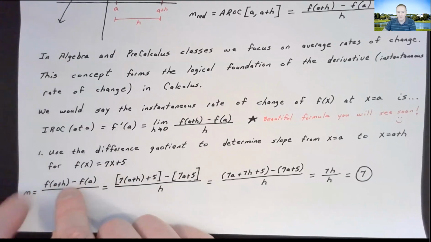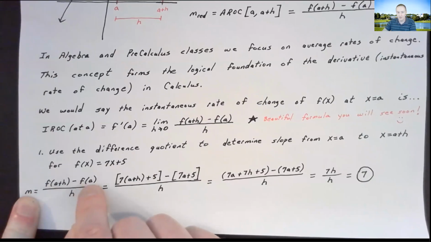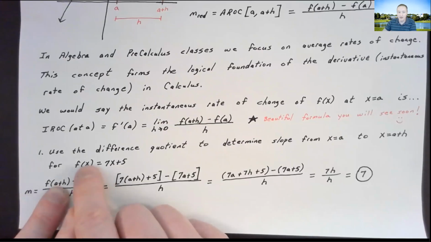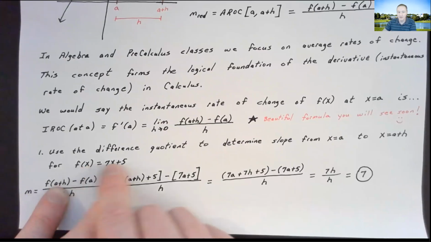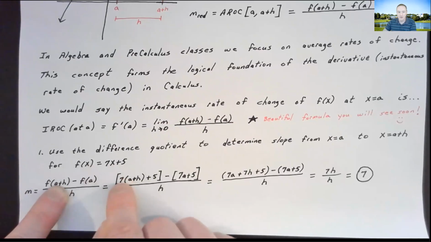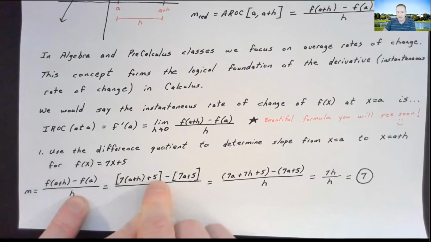I can say, all right, the slope is going to be given by f of a plus h minus f of a over h. All right, well, what is f of a plus h? That's just telling you to evaluate your function f of x. In the place of x, you're going to plug in an a plus h. So I get 7 times the group a plus h plus 5. This is my f of a plus h. And you'll notice I always bracket that off to show the separation.